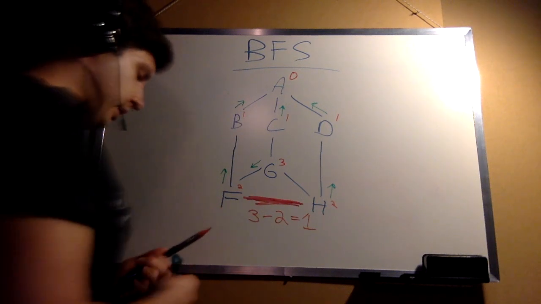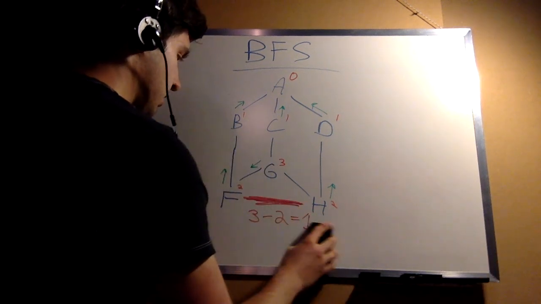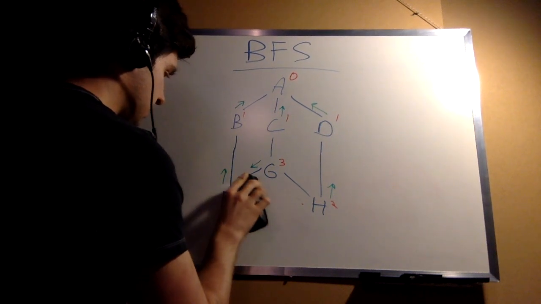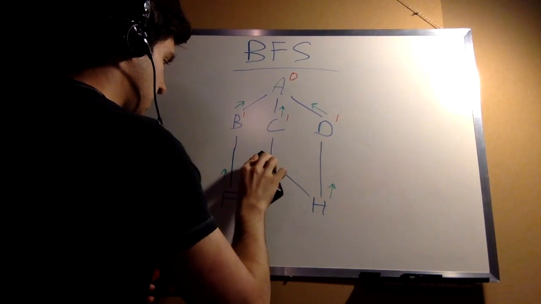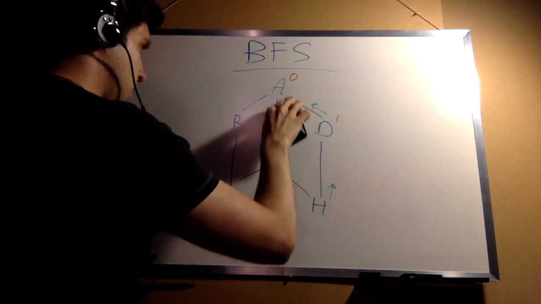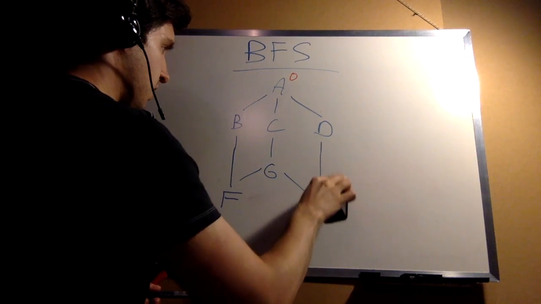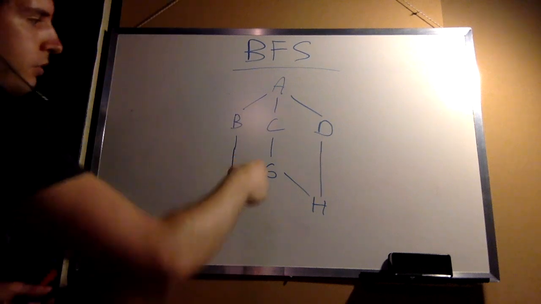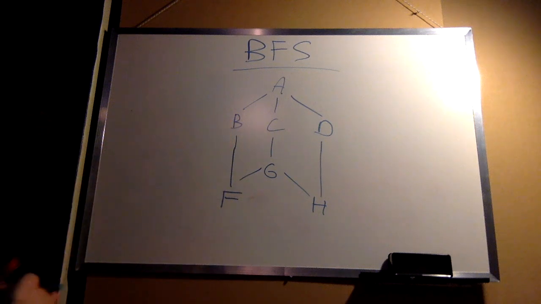Now let's see what happens if we explore this from a different direction. So instead of from A, from somewhere else. We'll see if the position affects it at all. Okay, so let's start the exploration from G instead, or C even.